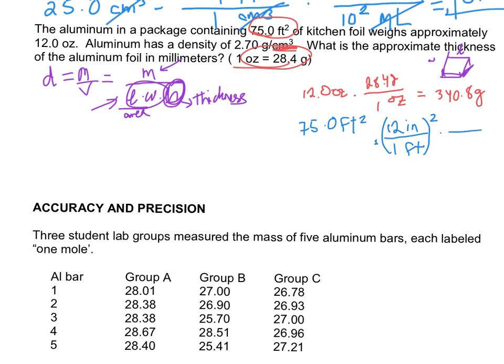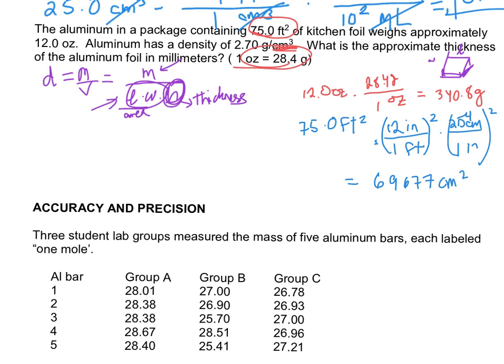And then we can go from inches to centimeters. 1 inch is 2.54 centimeters, but then again square that whole thing. When you punch all that into your calculator, you get 69,677 centimeters squared. Again, I'll round at the very end.